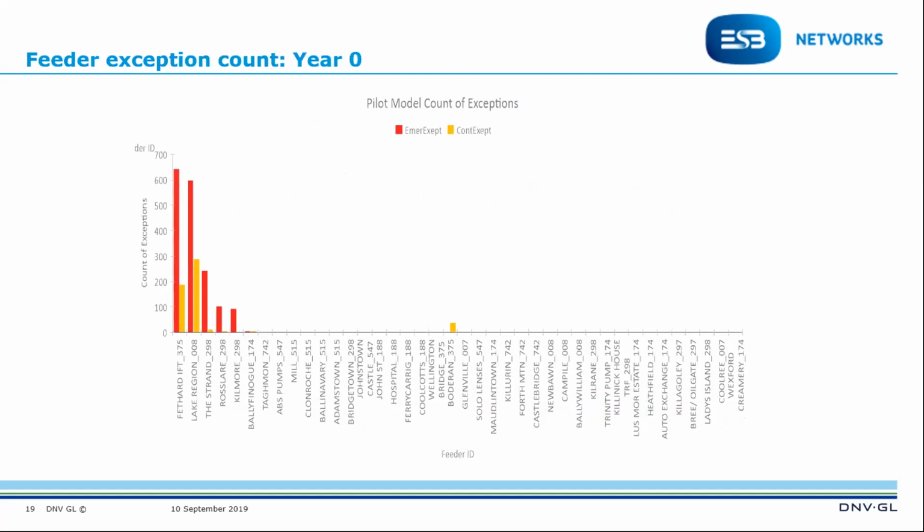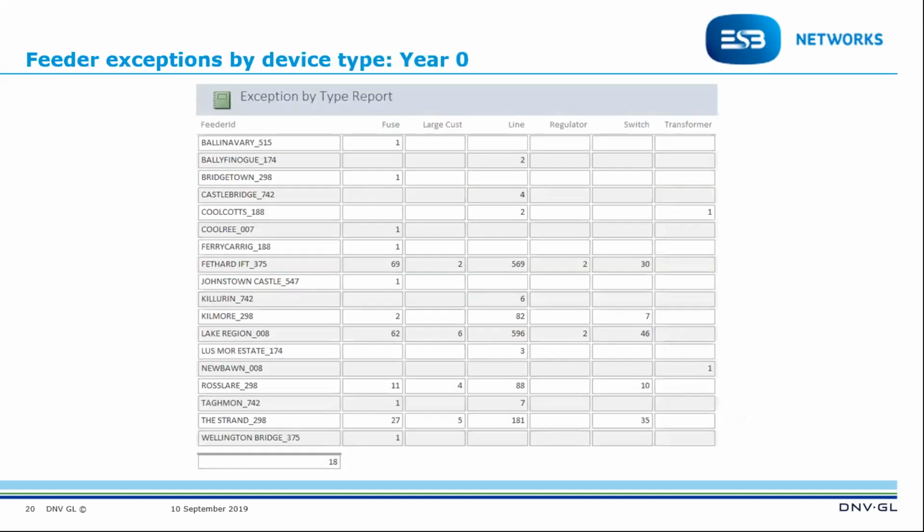The other thing we can do is rank them by the number of exceptions, and that quite clearly draws your eye to the feeders where there are most issues. We also break down the exceptions by device type. So I think what I've heard this week in some conversations is similar to what their experience is.